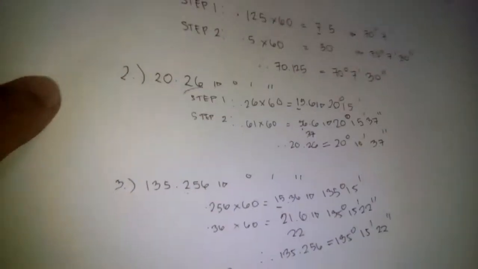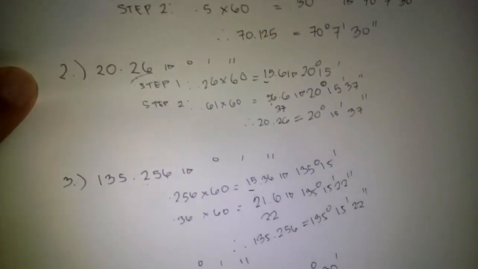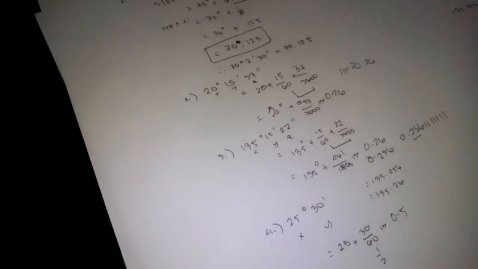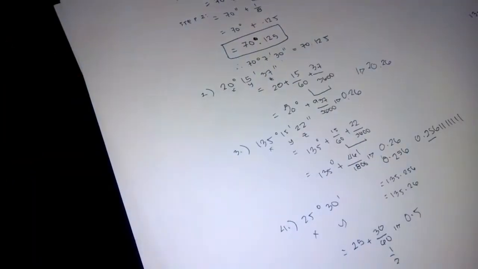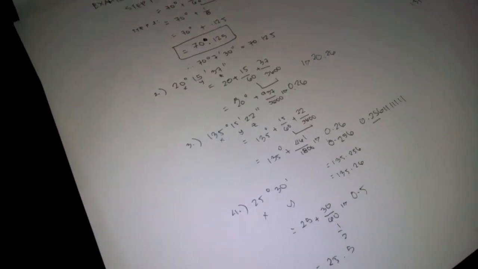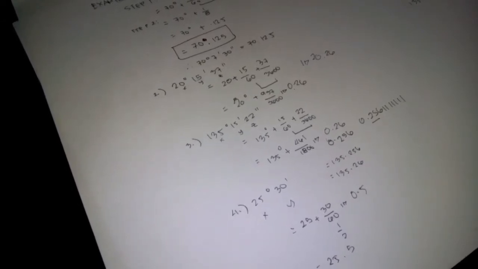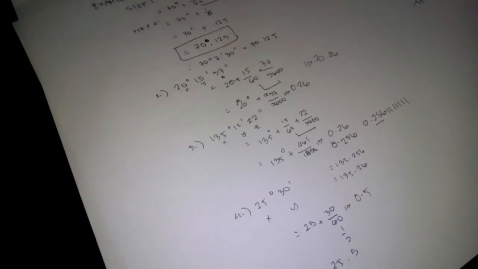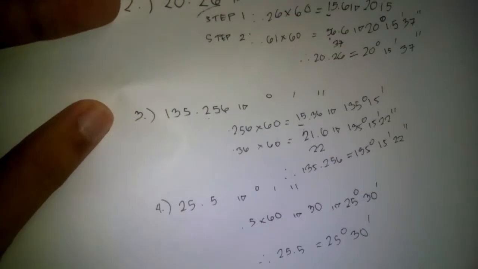On our second given in the last topic, 20 and 26 hundredths, our answer here is 20 and 26 hundredths. Same, right? In number 3, our answer is 135 and 256 thousandths, or 135 and 26 hundredths, and the given in the last topic is 135 and 256 thousandths.